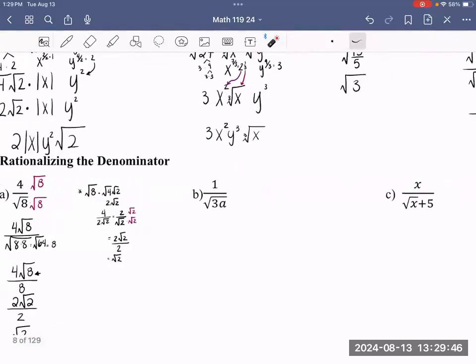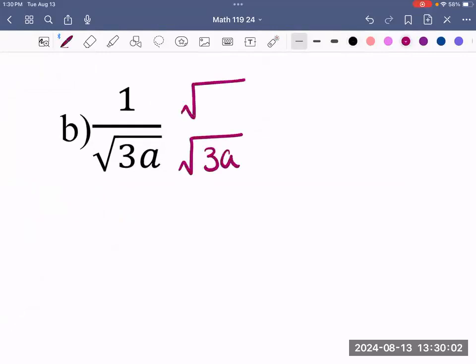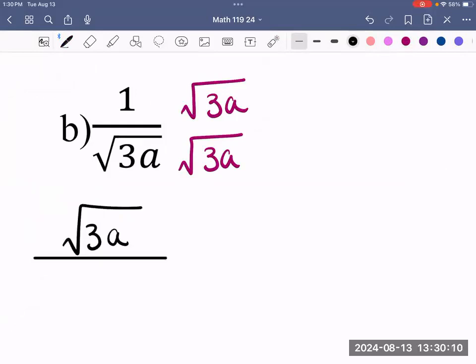So let's try it again. Just try multiplying the denominator by itself on b. So multiplying it by itself, we get the square root of 3a up top. And on the bottom, I'll show you the behind the scenes.